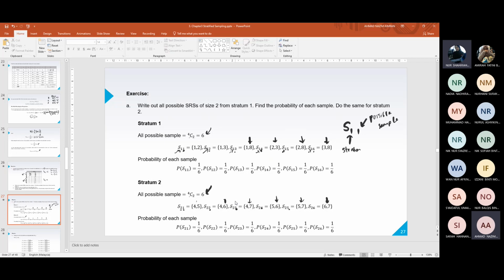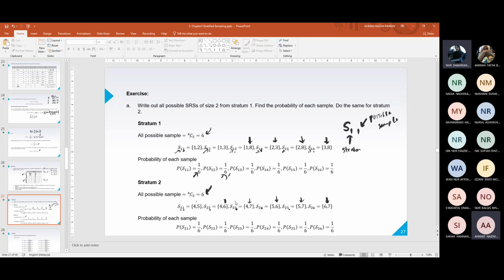Now, remember that we have the probability. Remember we have equal probability this time, equal probability for each stratum. Since we have 6 possible samples for both strata, the probability value is equal to 1/6.